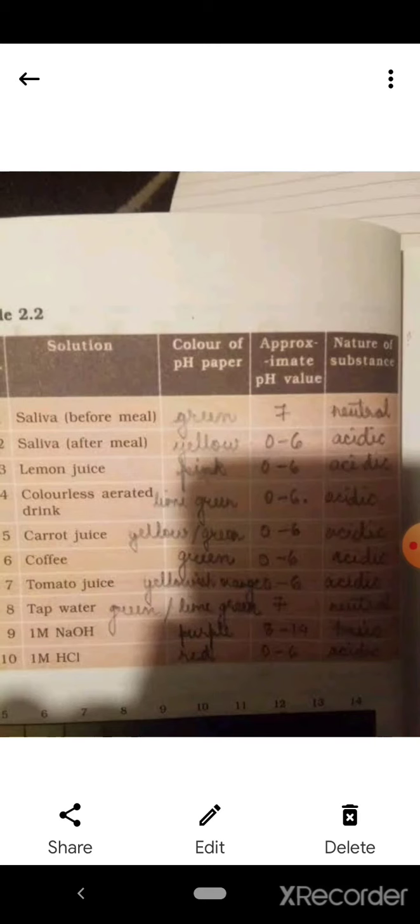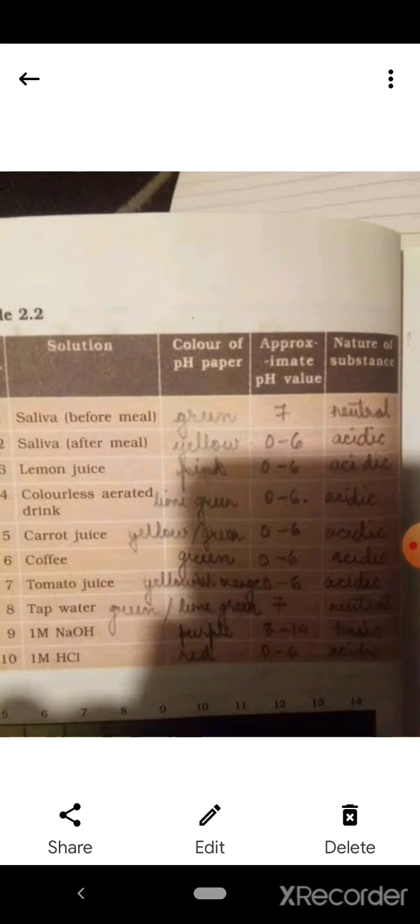Acid means what? Its value should be less than 7. Now if we drink colorless aerated water and consider it on pH paper, it shows lime green color and its pH is less than 7, so it is acidic in nature. Carrot juice and coffee both show acidic nature.